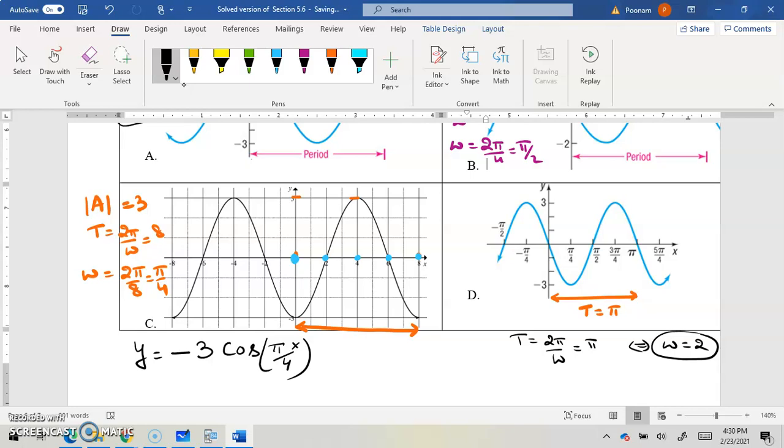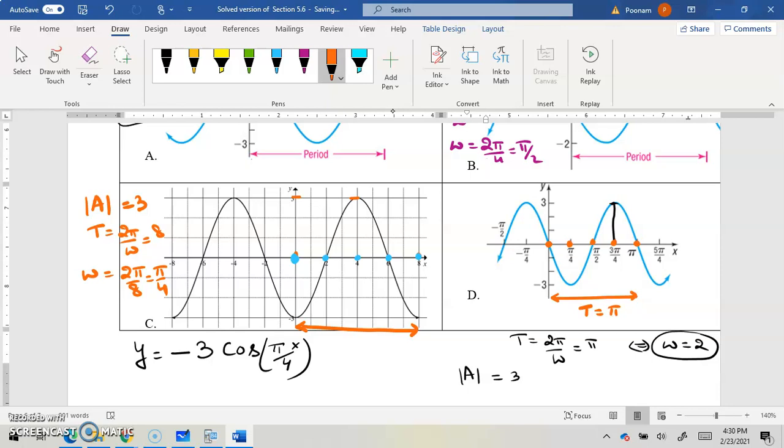First observation. The highest amplitude, the highest length of the peaks is 3. So absolute value of A is 3. Now the key points. The key points are at 0, pi by 4, pi by 2, 3 pi by 4 and pi. 5 key points. At 0, the first key point, it is 0.